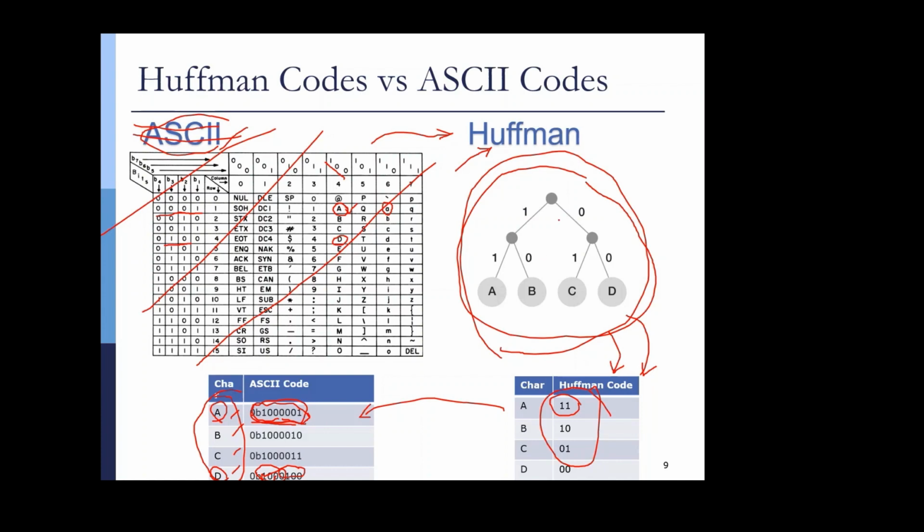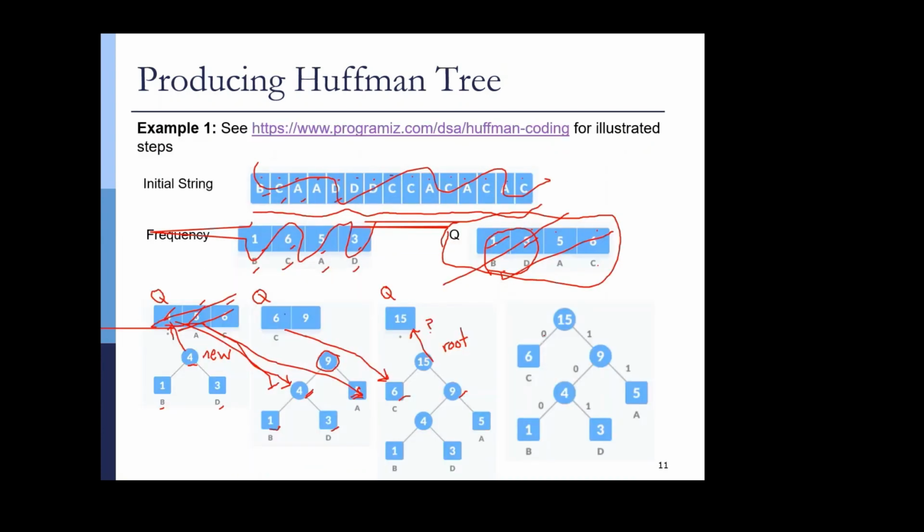Okay, because as long as when you send this tree to the other side of the network, the other side of the network will refer to the same tree. So if you want to put 01, make sure everybody is using 01. If you want to put 1 on the left, 0 on the right, make sure everybody is doing the same. Okay, like this one, see? Yeah, we're not using 10, but we're using 01. 01, 01, 01. You won't find 01, 10, 10. No, you won't mix up.